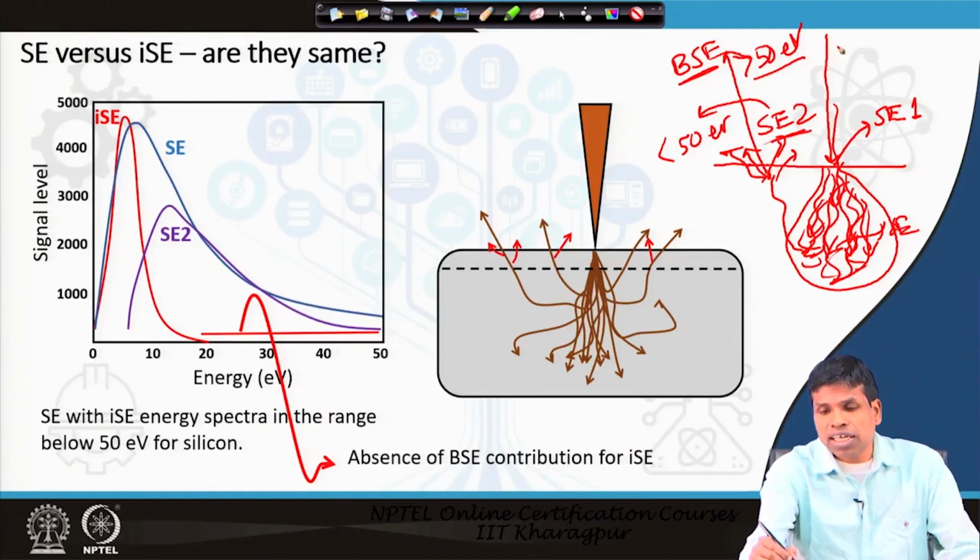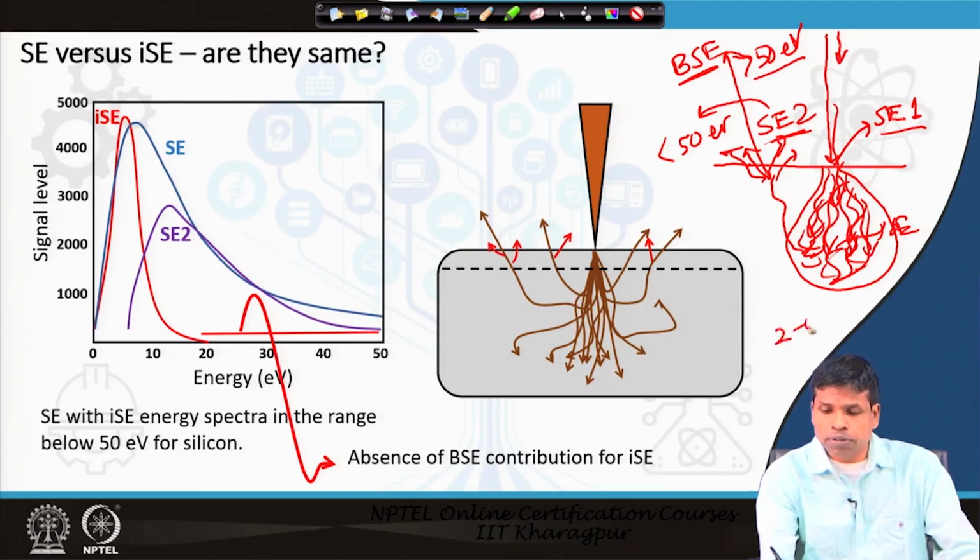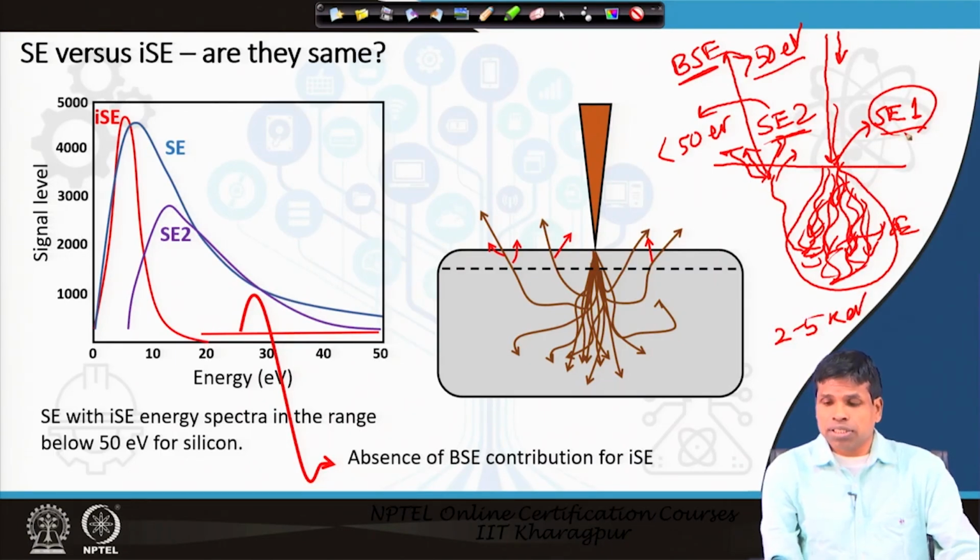If the incident energy is less, then we will have more secondary electron 1 emerging from the specimen. Therefore, for high resolution microscopy, we prefer not to use a high energy electron beam. We prefer a low acceleration voltage, particularly in the range of 2 to 5 keV. This is good enough to maximize the secondary electron 1 yield from the specimen.